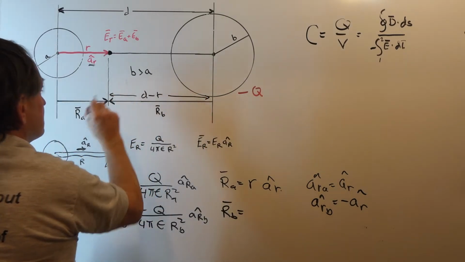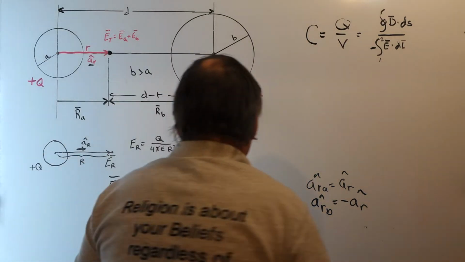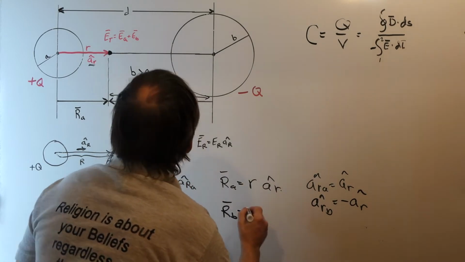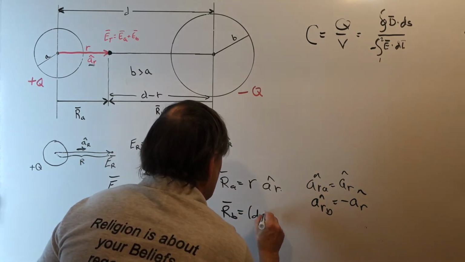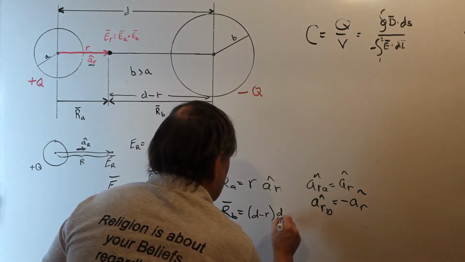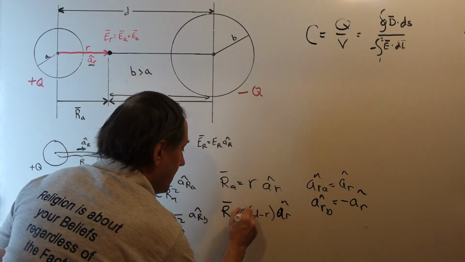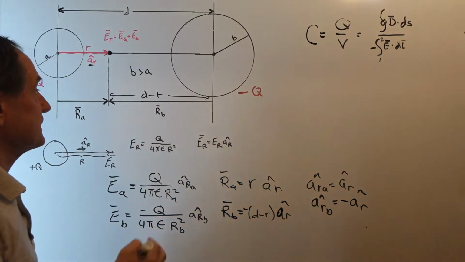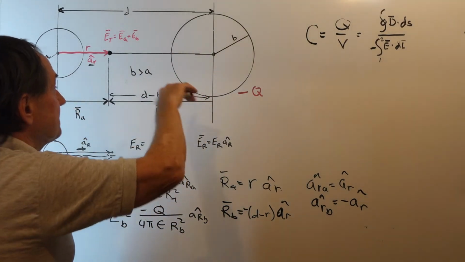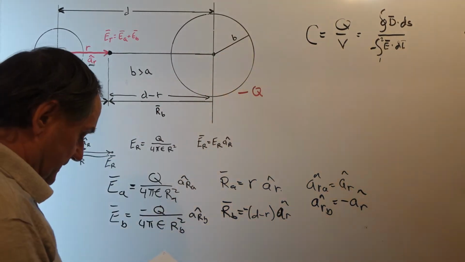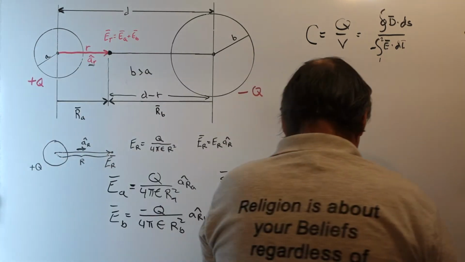So r sub b will be d minus r, in the minus a sub r direction because it has a minus q on it.